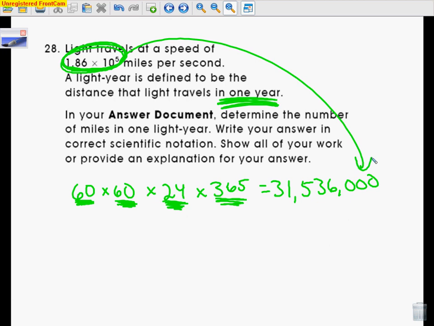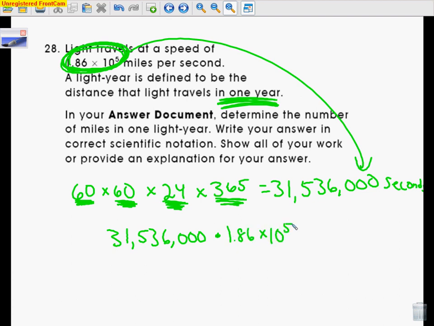I'd multiply it by 2 because that's the number of hours I have. Well, here you're going 1.86 times 10 to the fifth miles every second, and you're going 31,536,000 seconds. So we're just going to multiply those two numbers together, 31,536,000, by 1.86 times 10 to the fifth.